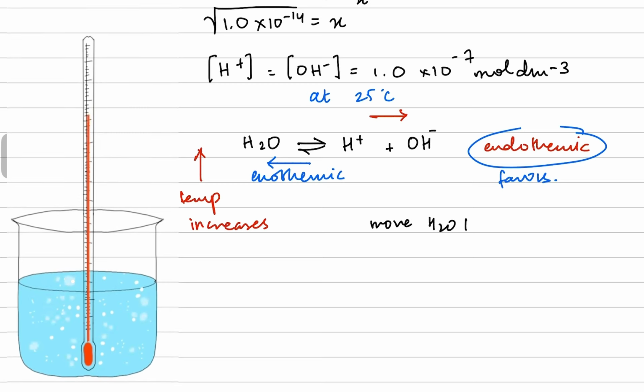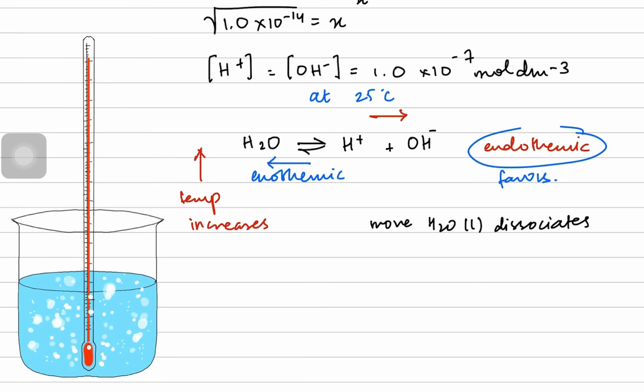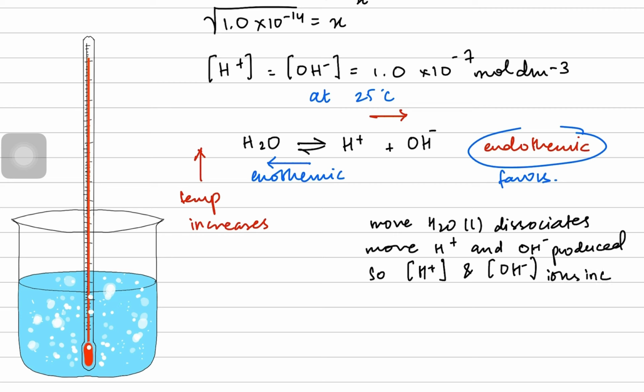So high temperature favors more dissociation of water, and where more H2O dissociates, more H+ and OH- ions would be produced. This means that the H+ ion concentration and OH- ion concentration would increase.